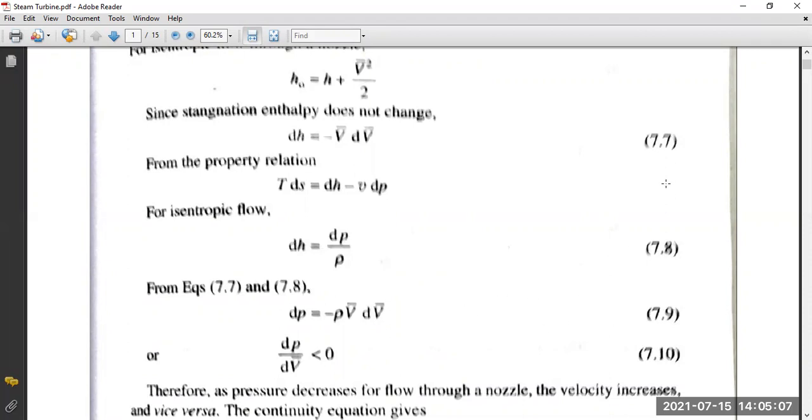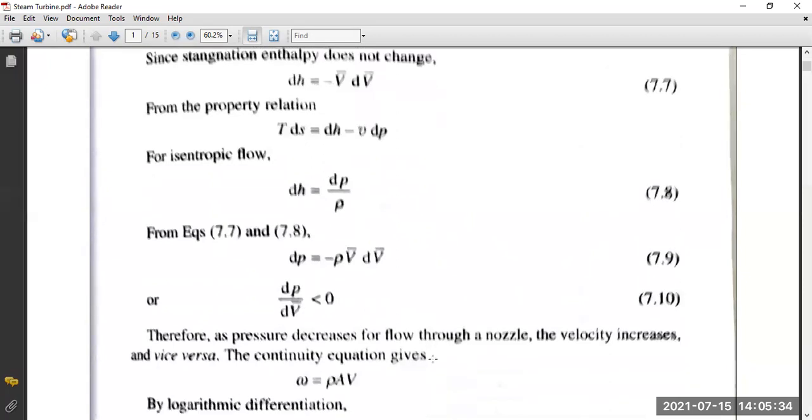Now, if we use these two equations, dH is equal to minus V dV, and dH is equal to dP by rho, then what will happen? We replace dH by dP by rho, so dP will be minus rho V dV, or dP by dV is less than 0.